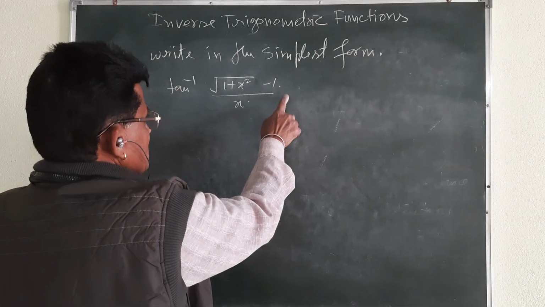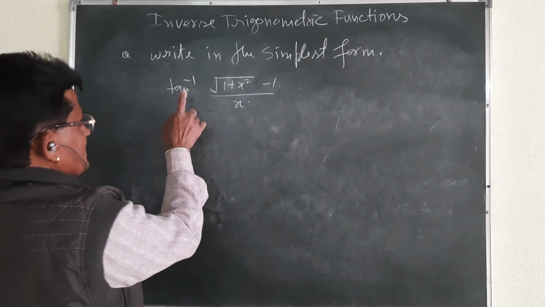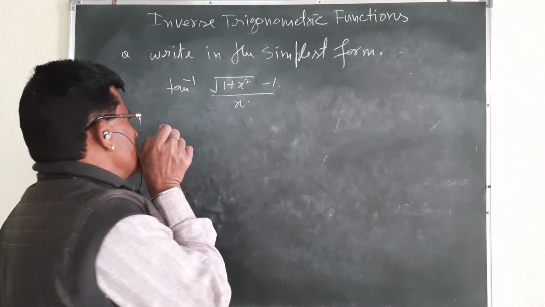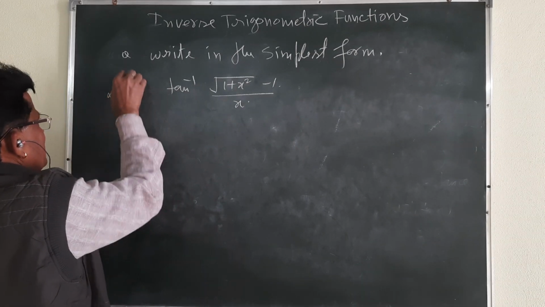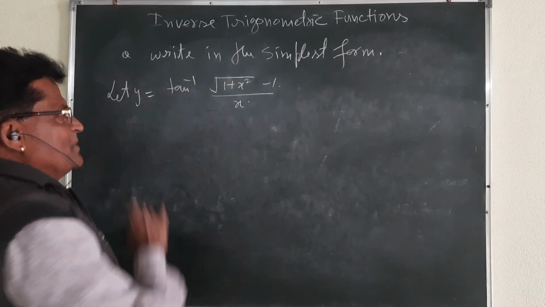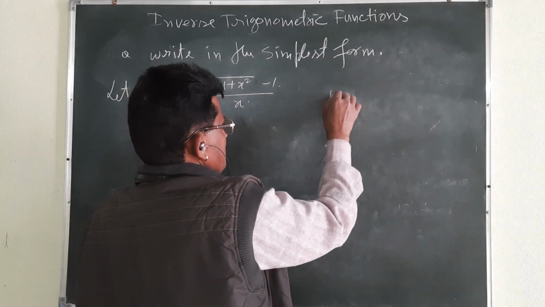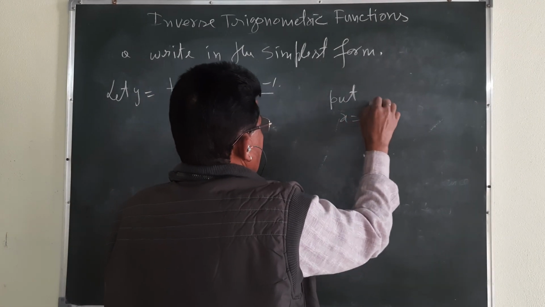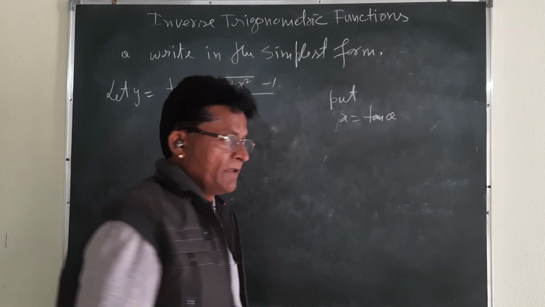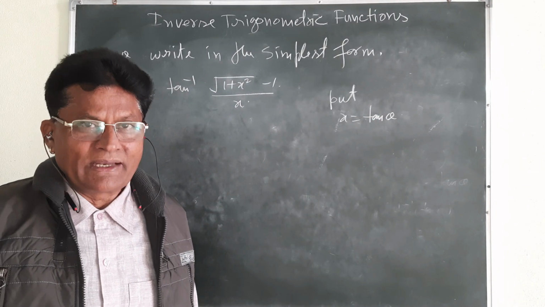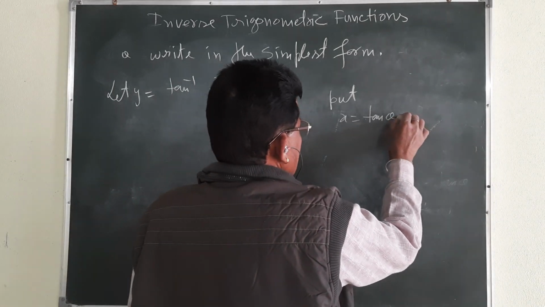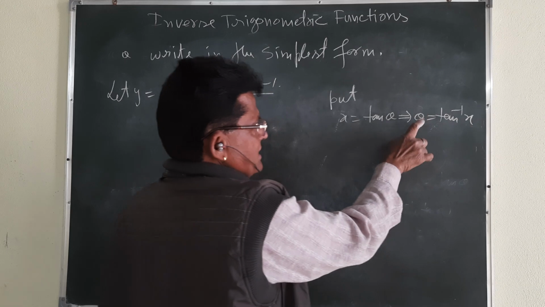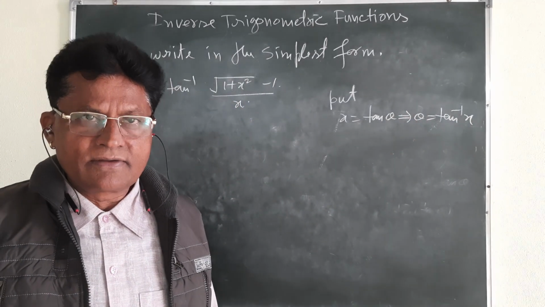Let me first change it into the simplest form. Just for my convenience, I will take it as let y be this. See, my dear student, wherever it is x, I am going to put x equal to tan theta. Substitution method I am going to apply. And what will be the value of theta? Wherever the value of theta is required, I will write tan inverse x.